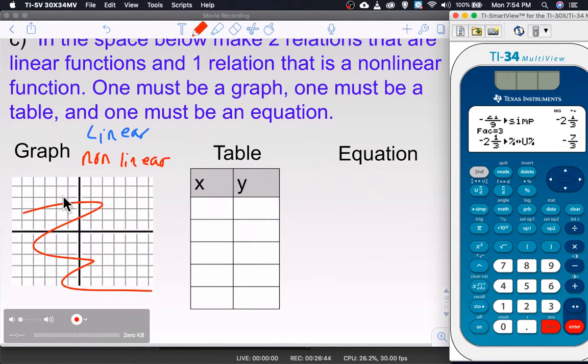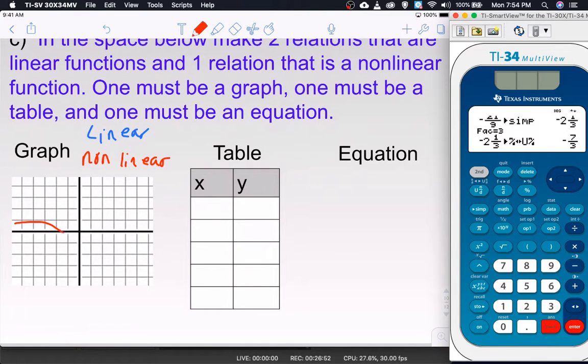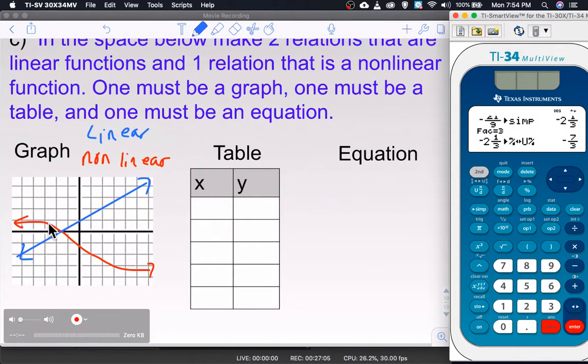Remember that vertical line test? It would fail the vertical line test at five different places. So you actually have to be a little bit more cautious than that. This is a non-linear function. This is a linear function. So straight line or curvy line, linear versus nonlinear.